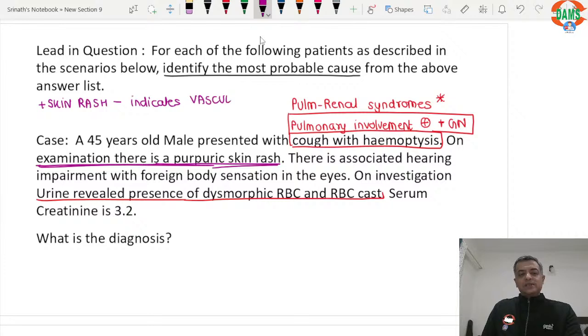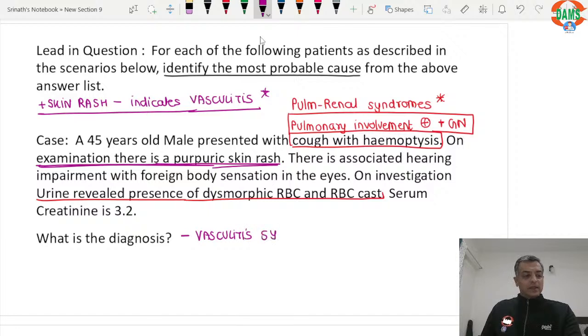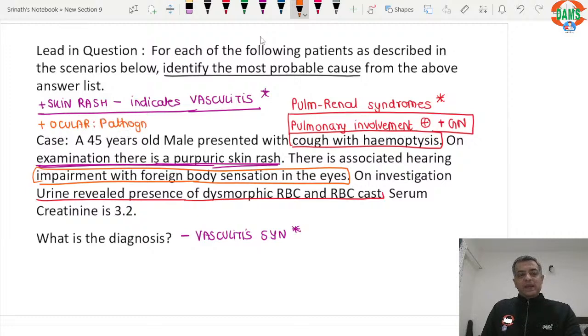So from the list that we have been given, like it came in this year's exam also, you only have to choose the diagnosis here as one of the vasculitis syndromes. But as you have rightly answered, whenever the patient has foreign body sensation in the eye, ocular involvement present, it is always going to be pathognomonic of Wegener's.